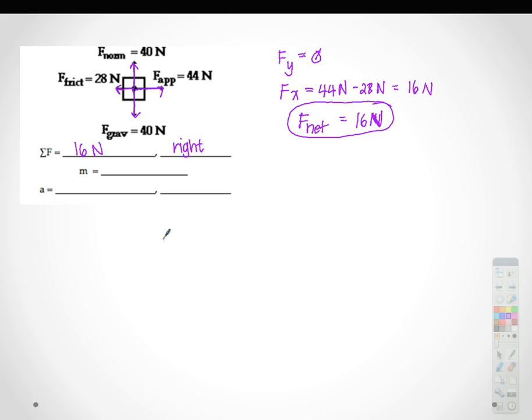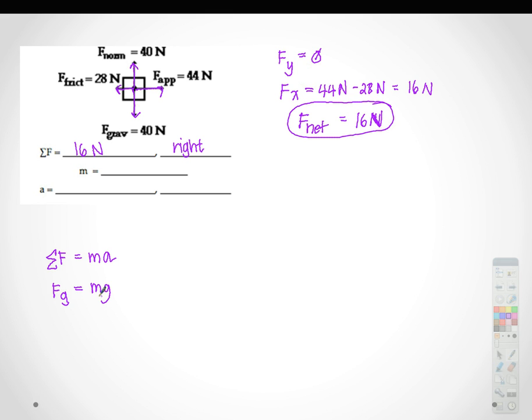Now for the mass. How are we going to calculate the mass? Based on Newton's second law, we know that Fg is equivalent to mg. It's the same thing, but now we are very specific that we are using the force of gravity. We can calculate the mass.